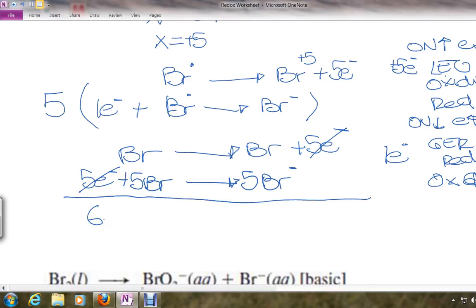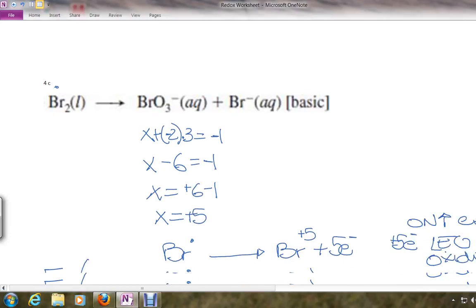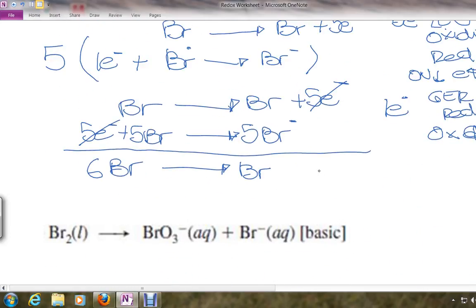If the atoms are identical, you can add them, so we got 6 bromine. Now these ones are not the same, because one is the bromine that is +5, on the compound BrO3, and the other one is Br minus. So in front of this we're going to put 6, because we need 6 to make the whole transfer, and the one that has 5 here.